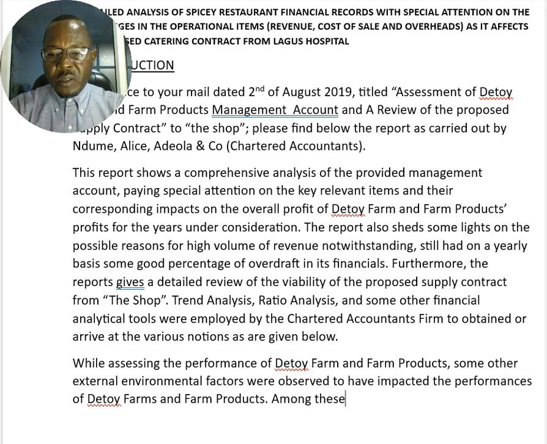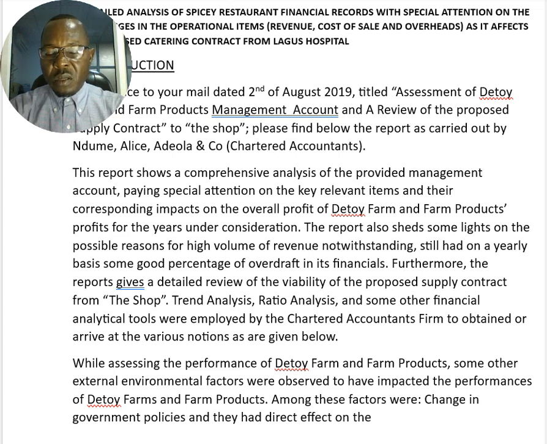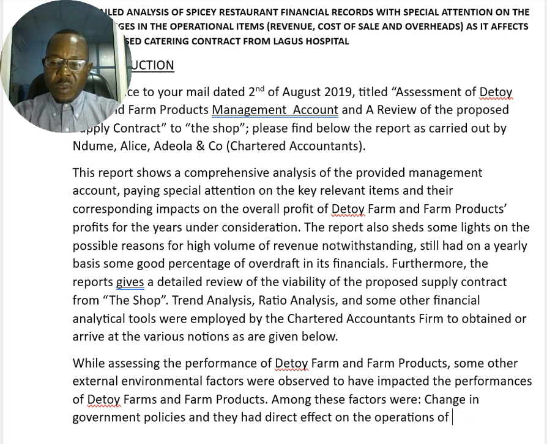Among these factors were change in government policies, as they had direct effect on the operations of the toy farms. All right.